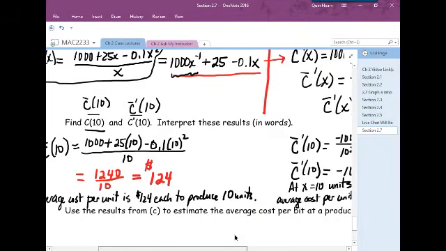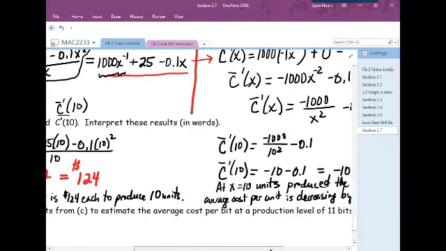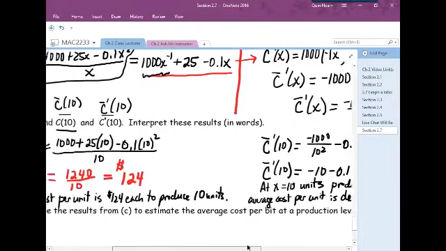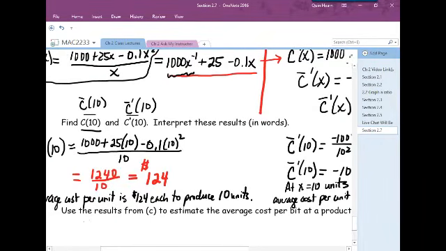Use the results from Part C to estimate the average cost per bit at a production level of 11 bits per day. So remember, if we actually wanted to find the cost per bit at 11 bits per day, we would have to find C bar of 11.